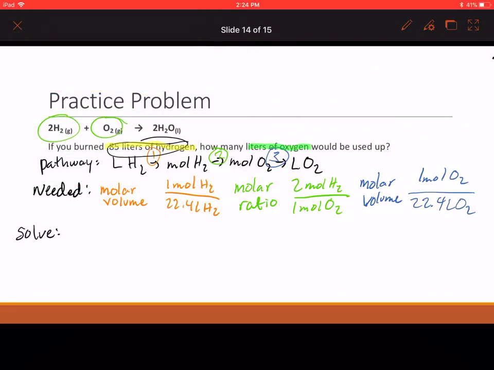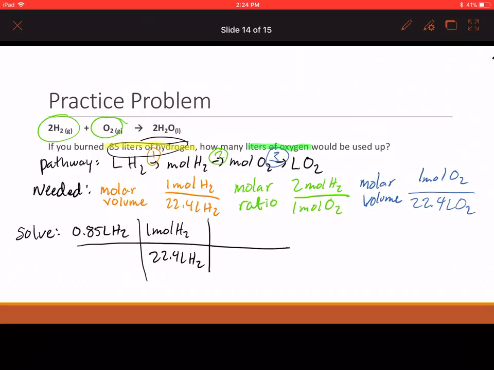We always start with what we're given for solving. So we're going to put 85 liters of hydrogen. We're going to plug this in so that our liters cancel. Now we're going to put the next one in so that the moles of hydrogen will cancel.